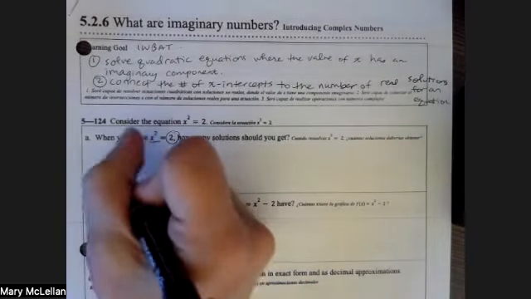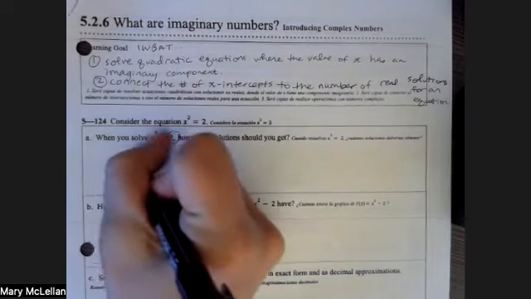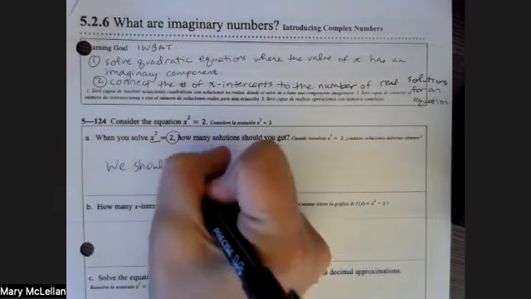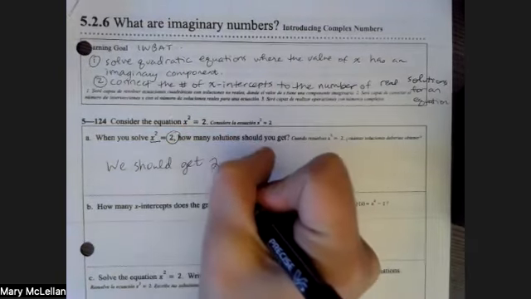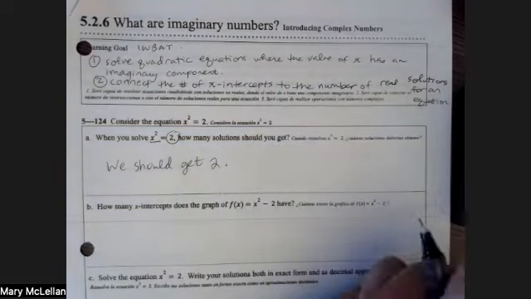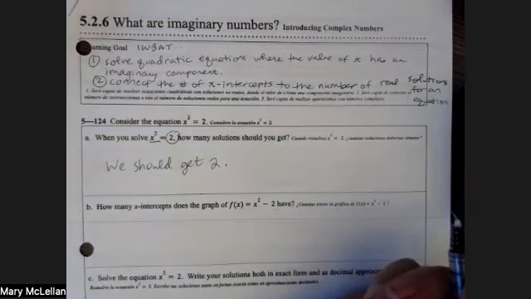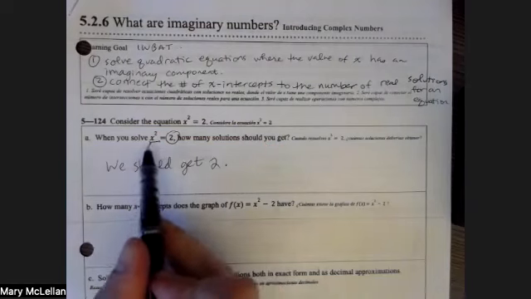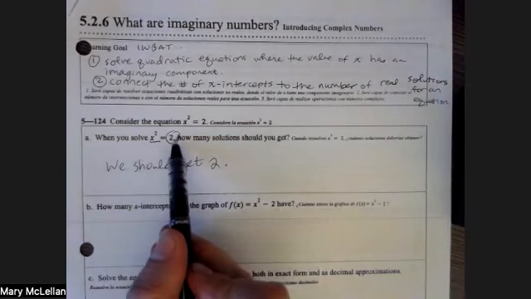We should get 2. That's because there are 2 such x values which when squared would give you positive 2.